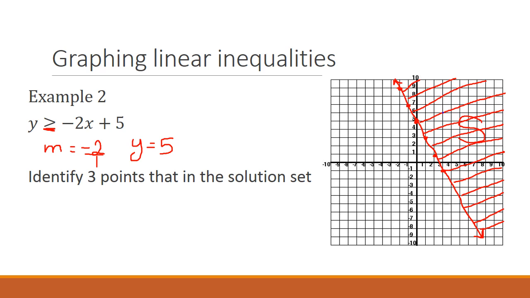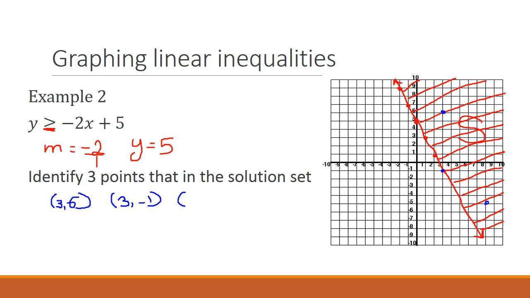So I'm going to choose this point in the shaded area to include as my solution, which is (3, 6). I'm going to choose another point on the line, which is this one, (3, -1). And then I can choose a point right here, and this point is (-5).